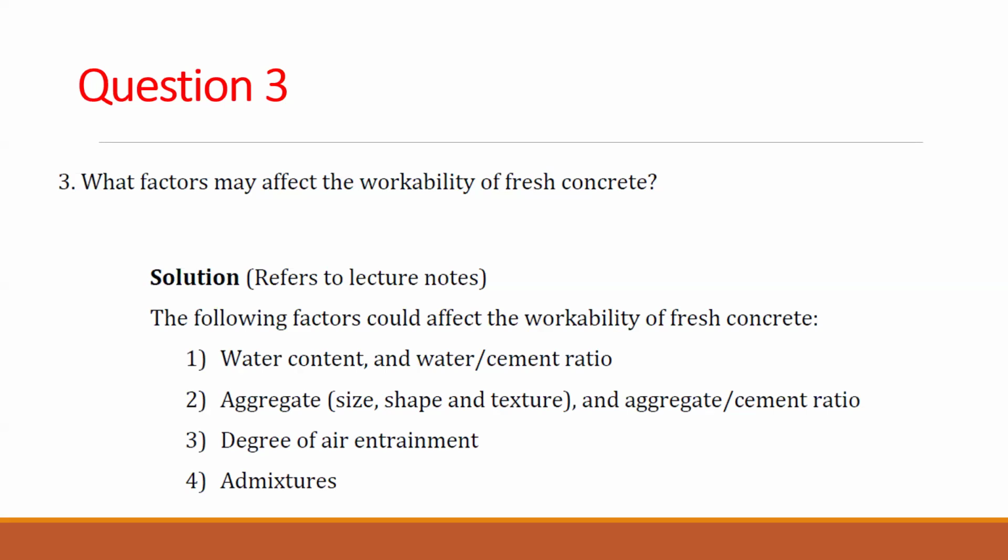So likewise in concrete, depending on the relative amounts of ingredients, the properties will be different. So it's very important to find the right amounts of the ingredients, and also to select the right ingredients. We discussed different types of cement last week. So we should be able to select the right cement depending on our requirements.